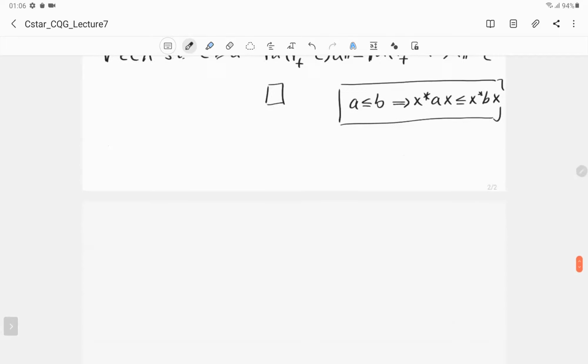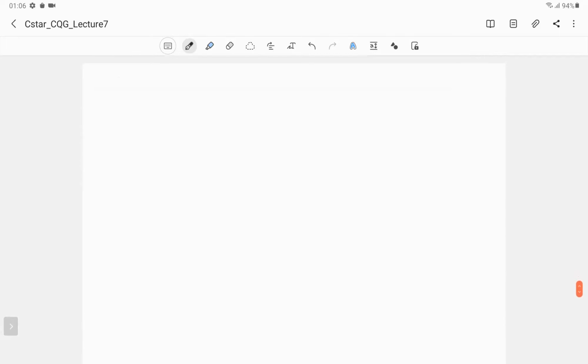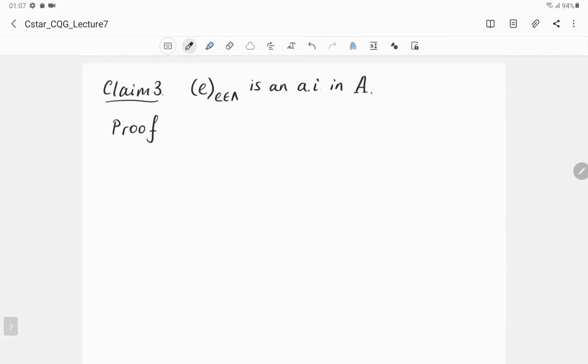Now, claim 3. I claim that our net is an approximate identity in A. To prove the claim, we do the following.